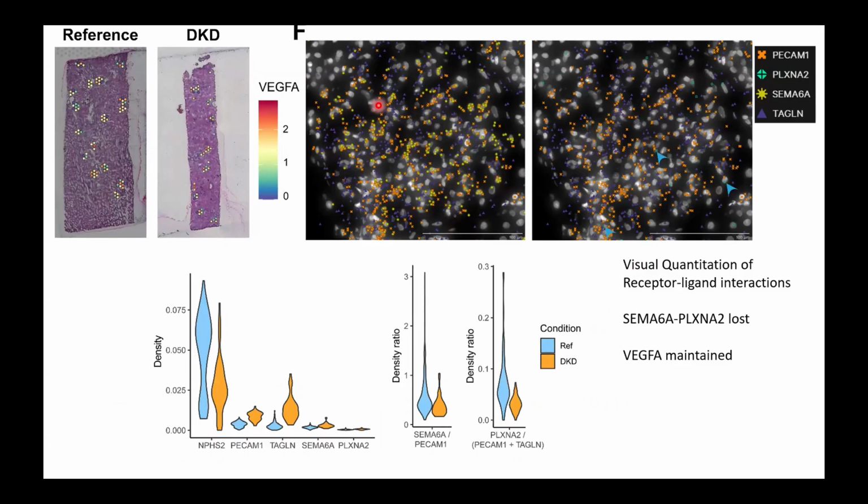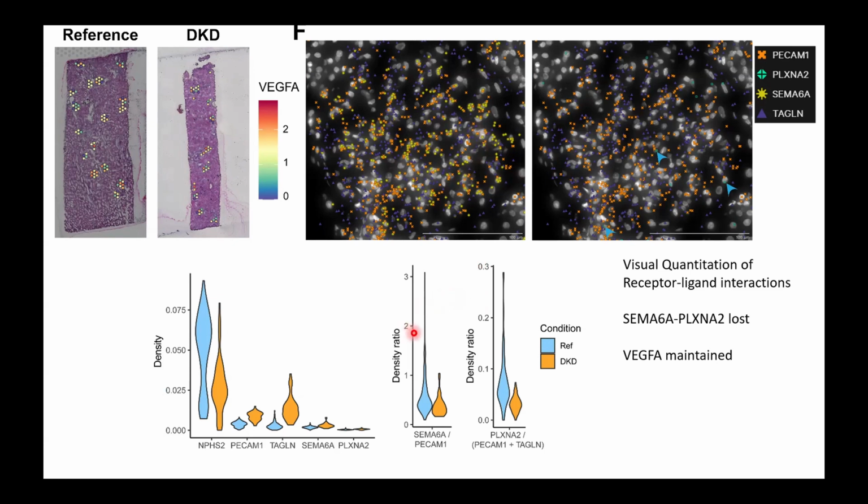And here we look again at the spatial transcriptomics, and you see that VEGF is present on the glomerular spots in both conditions. Here we identified a reference sample, to show that we can identify the endothelial cells and mesangial cells expressing. So here we have endothelial cells co-expressing PLXNA2 as predicted before, and here you can find both endothelial cells and mesangial cells expressing SEMA6A, right?